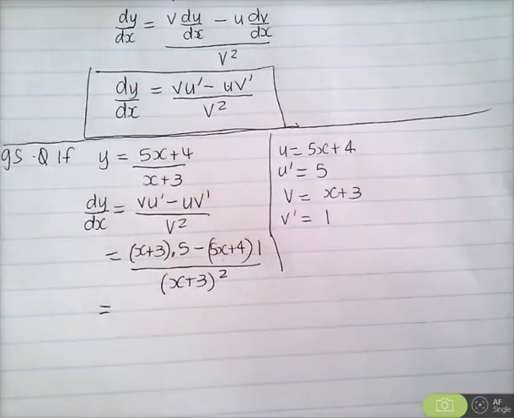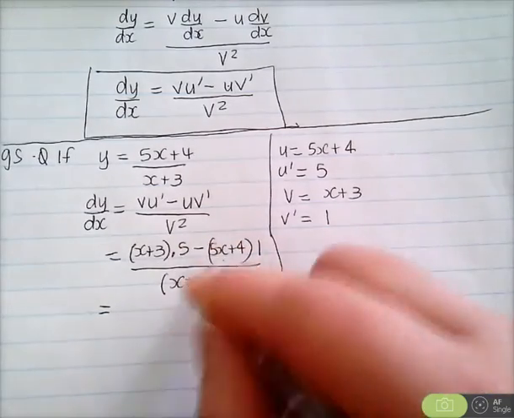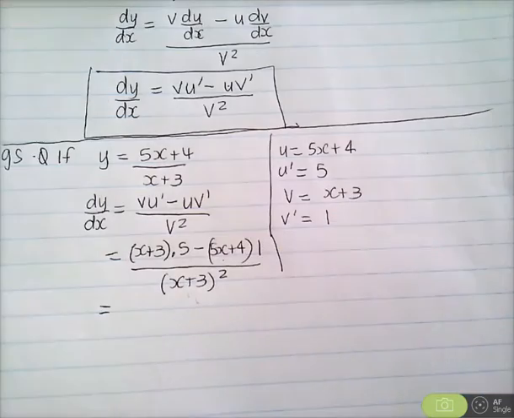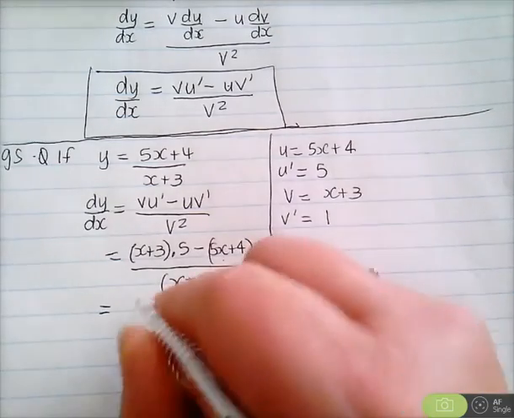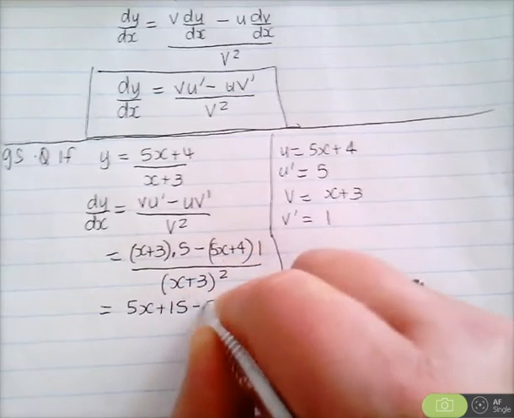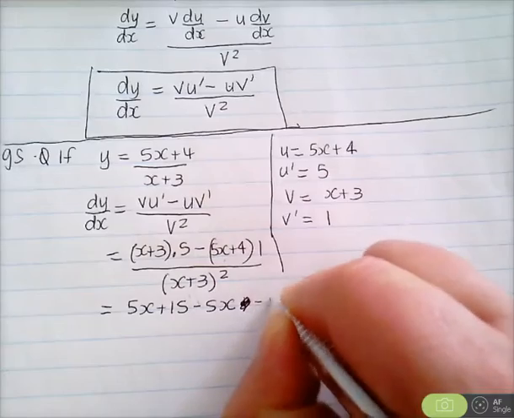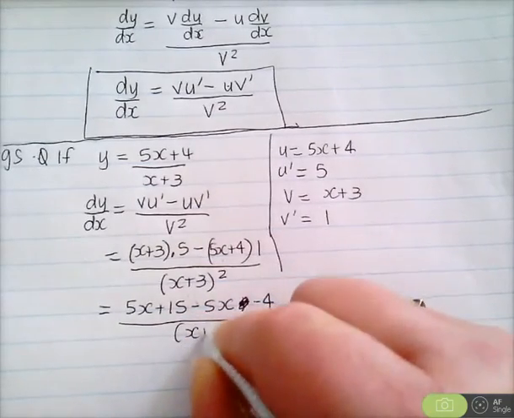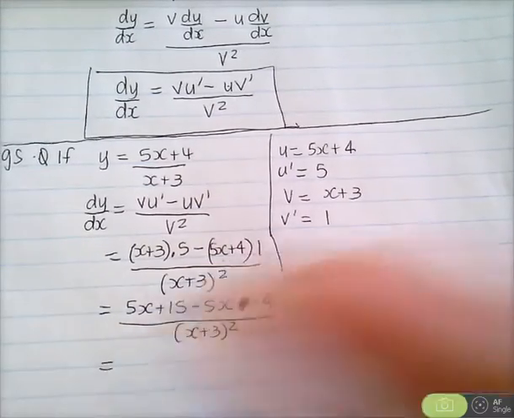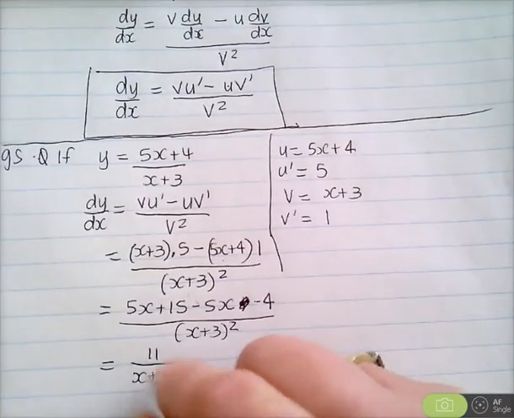So no crossing out, because x plus 3 is not in common with both. Both of those terms are over x plus 3 squared. You would never cancel them out. Expand your numerator and you get 5x plus 15 minus 5x minus 4 over x plus 3 squared. Do not expand the denominator. And what do you get? 11 over x plus 3 squared.